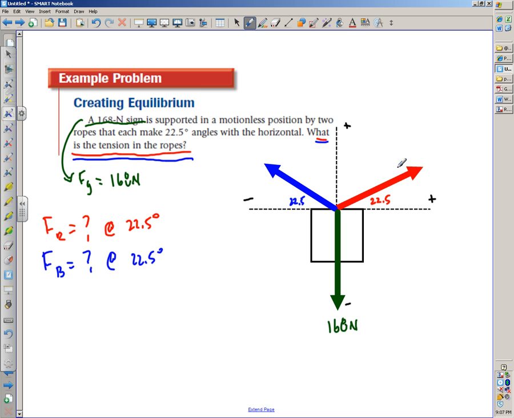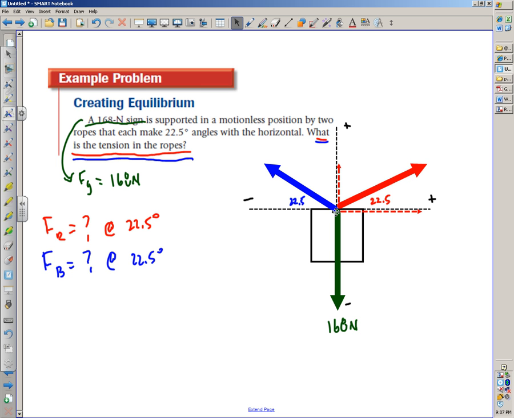All right, now we get to what we need to do. We don't know the value of these 2 forces, but we do know that because they are not on the x-axis and not on the y-axis, they have component vectors. Remember, the component vectors are the individual forces acting at the same time to produce this force itself.